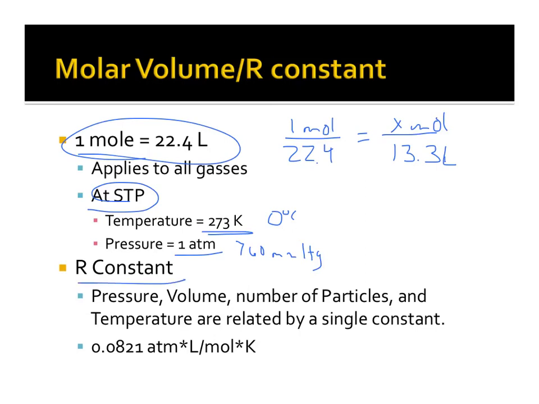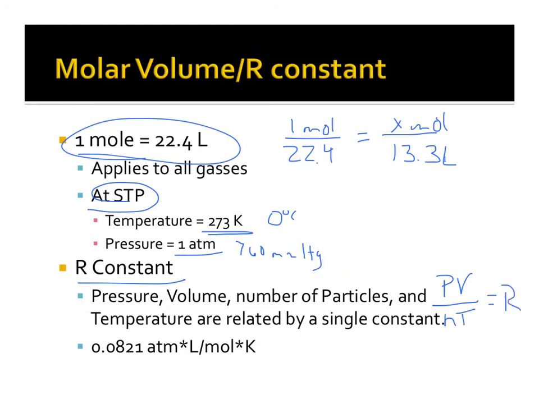And then we have what's called the R constant. So we have already figured out that pressure, volume, number of particles, temperature, all of these things are related. Well, they're related by this R constant. So what we see is that we have PV over NT equals this constant.